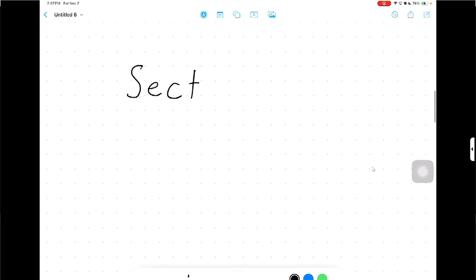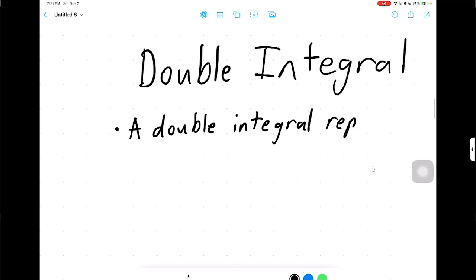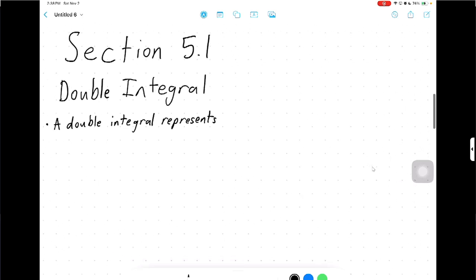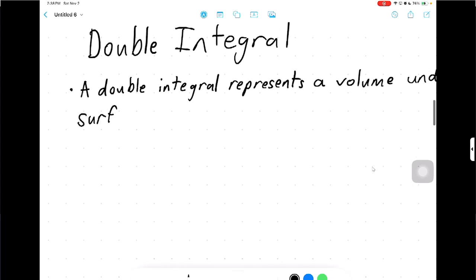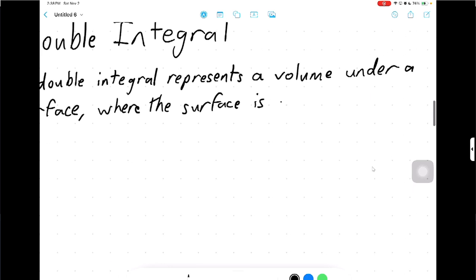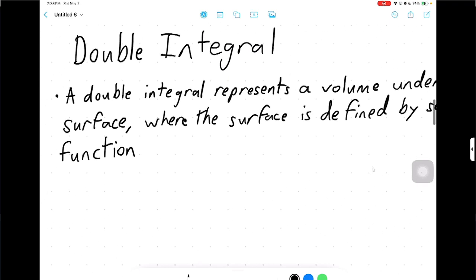Alright. Section 5.1. Okay, so this was about the double integral. A double integral typically represents a volume under a surface, where the surface is defined by some function, and that is mostly what you have.